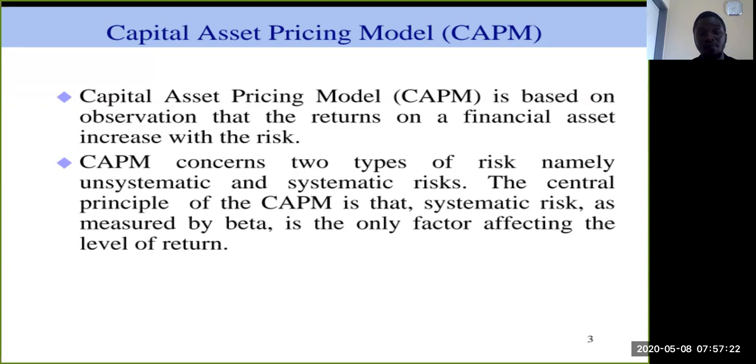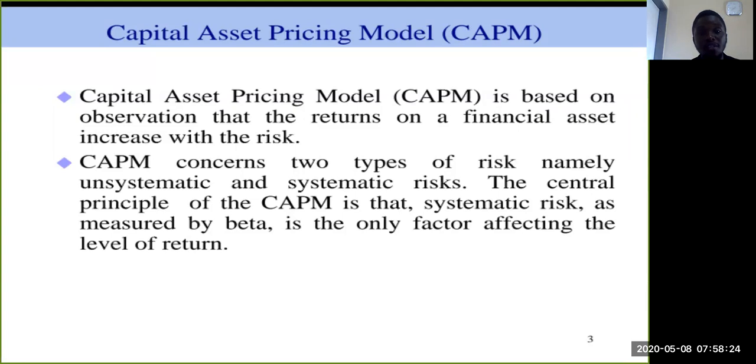So the capital asset pricing model is concerned with two types of risk, namely unsystematic and systematic risk.